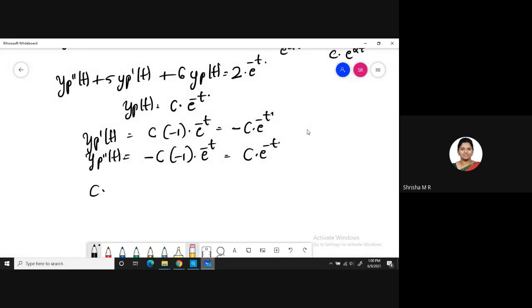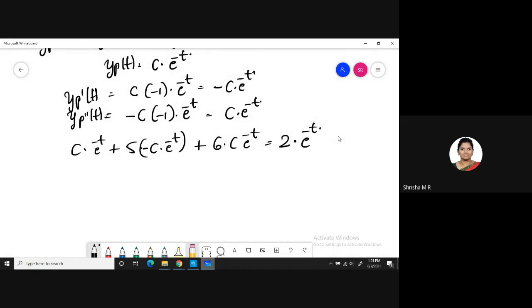So you have yp double dash of t, c into e power minus t, plus 5 times minus c into e power minus t, plus 6 times c into e power minus t, which is equal to 2 into e power minus t. Solve this equation.